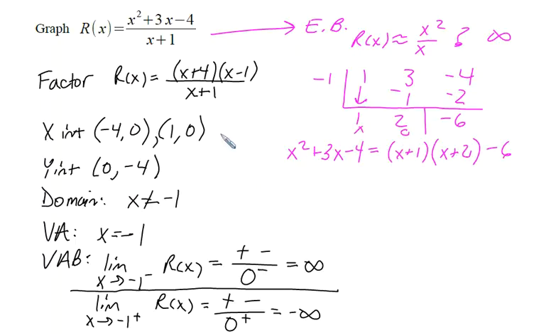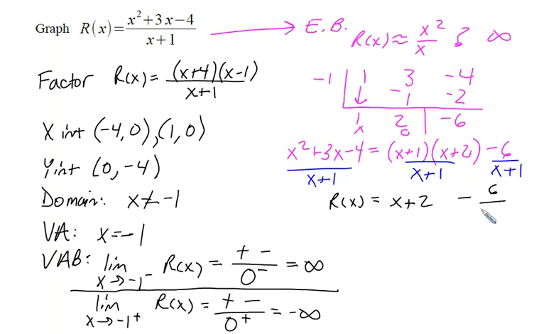But here comes the key to the problem. When we divide through by x plus 1, we achieve the following, that this r of x, that was our original function, r of x is equal to x plus 2 minus 6 over x plus 1.